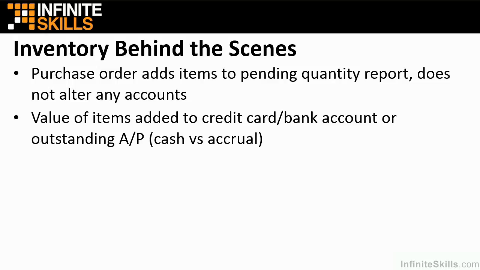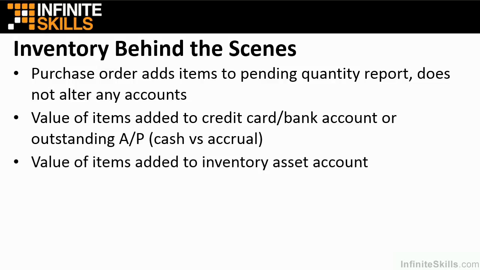At some point in time, we do need to pay for the items, and these are the places where that can occur. At the same time, when we receive those items, the value of those items are added to our inventory asset account. We now have stuff sitting on our shelves or in our warehouse, and they have value, even if we haven't sold them yet.